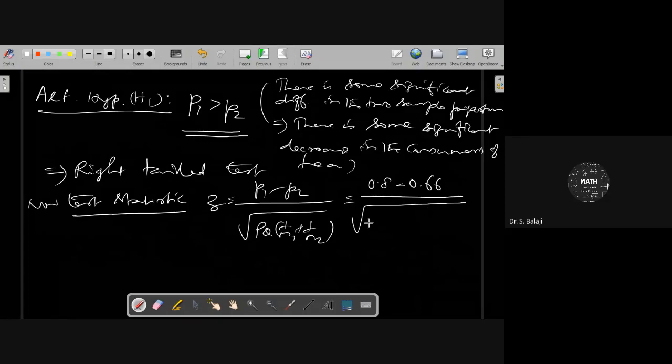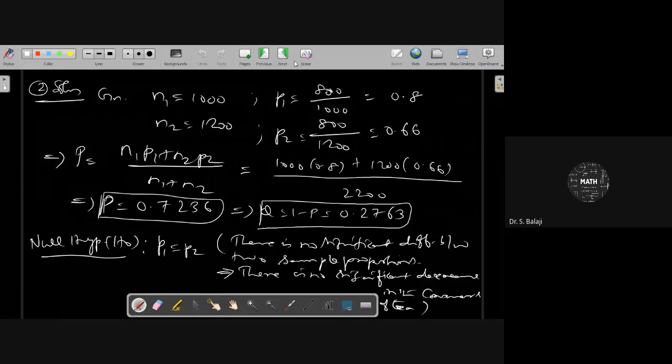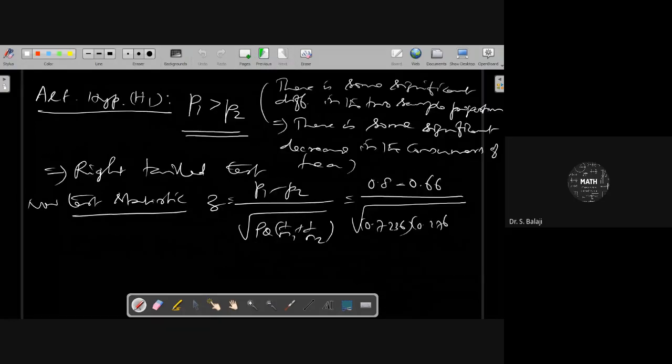Square root of 0.7236 into 0.2763 of 1 by N1, where N1 is 1000, and this is 1200. Everything under the square root.